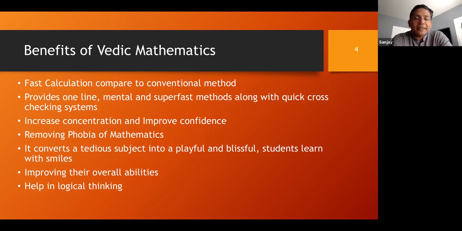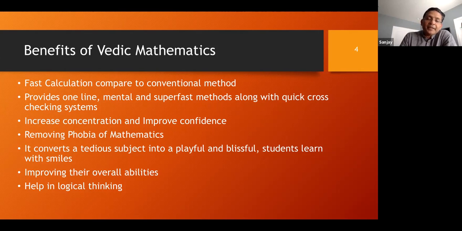Learning Vedic mathematics becomes a fun learning experience to most extent because it's easy. It's not tedious. You can relate to it. It builds a lot of self-confidence because you can do most of these calculations in your mind.